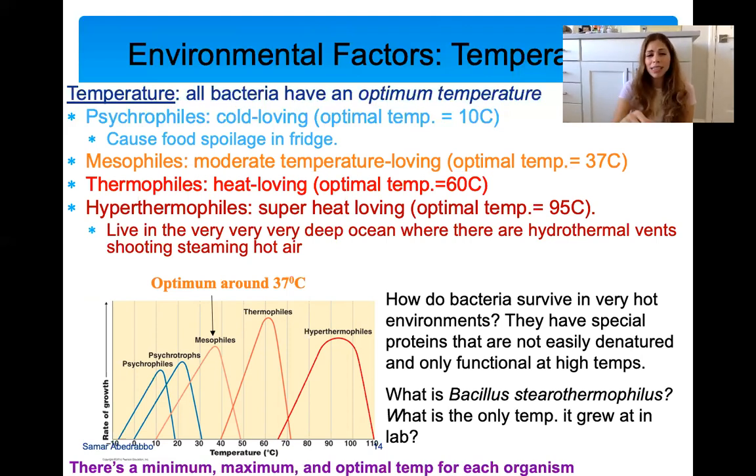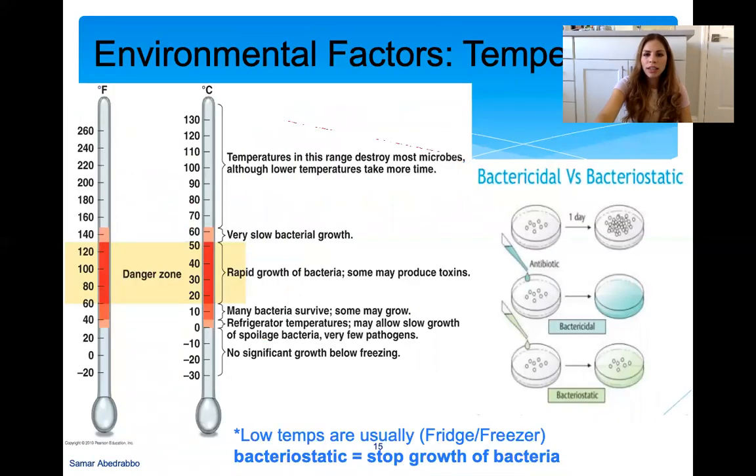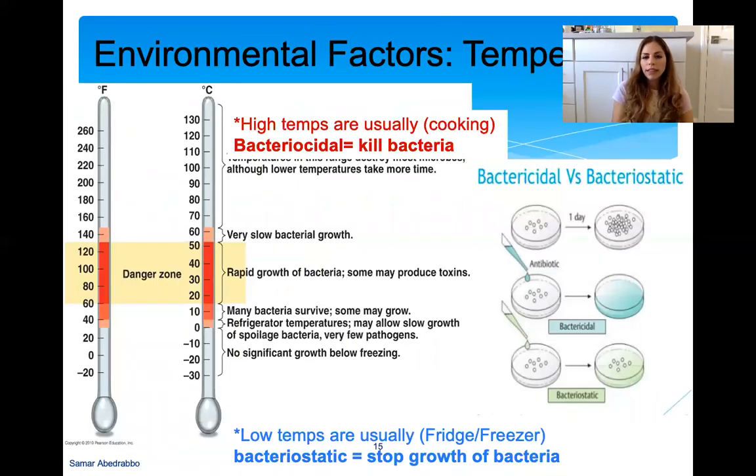The answer is that hyperthermophiles, or thermophiles in general, have special proteins that are folded in a way that does not easily denature at high temperatures. So their folding is a little bit more complex, so that they can survive in these hot temperatures.